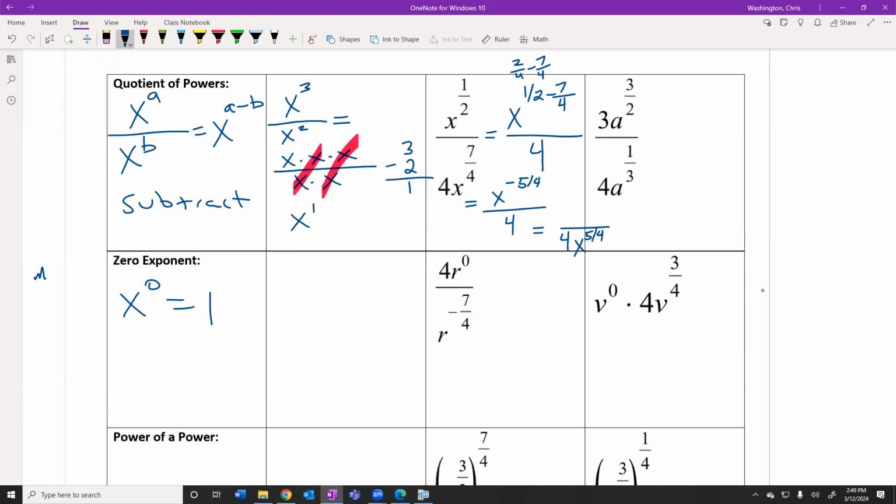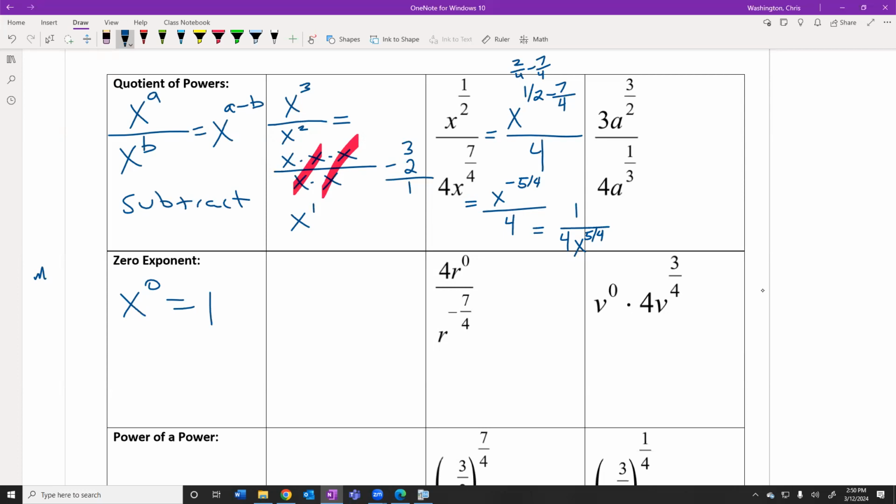Well, what does that leave in the numerator? There's nothing left over, but we have to put something there. We're going to put a 1 there. That is correct. So x to the 1/2 over 4x to the 7/4, completely simplified, is 1 over 4 x to the 5/4.